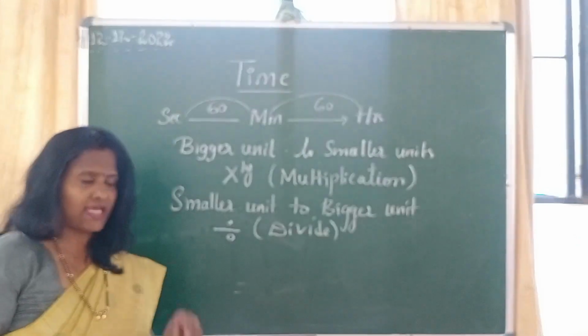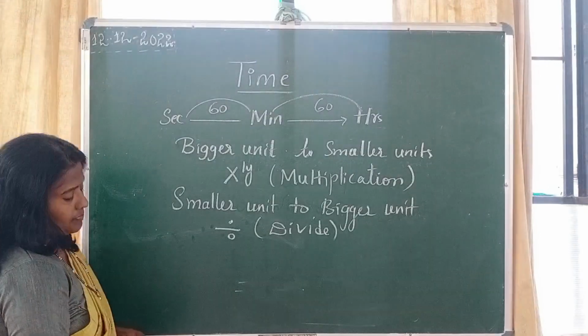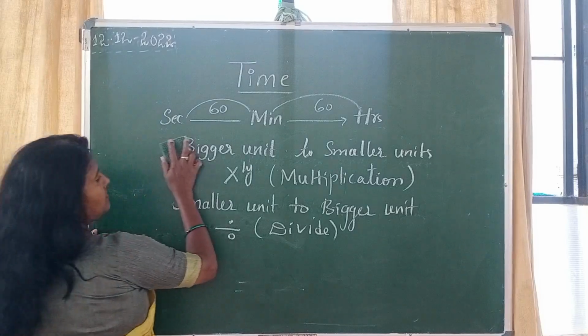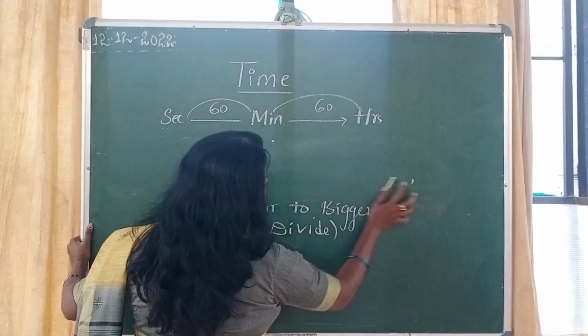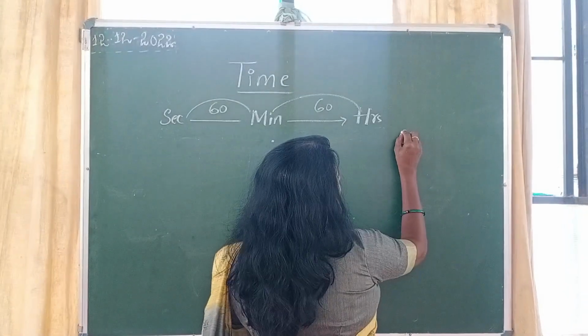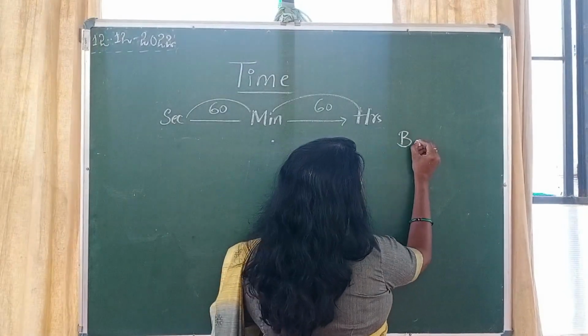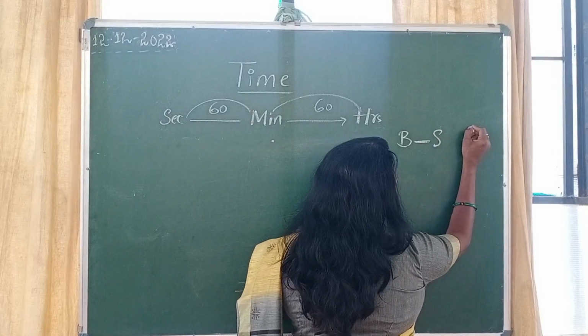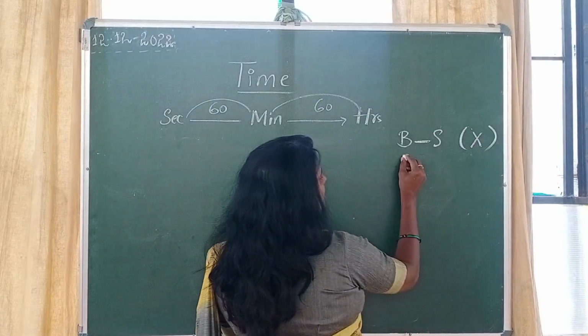So let us take one example here. Let me write it in a smaller size: bigger unit to smaller unit, multiplication.